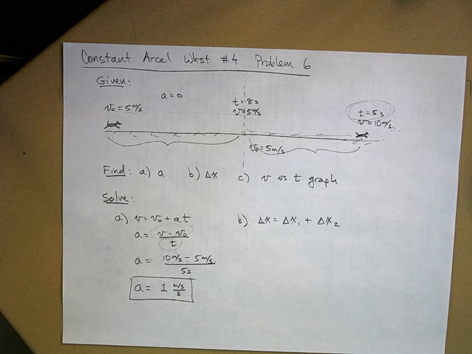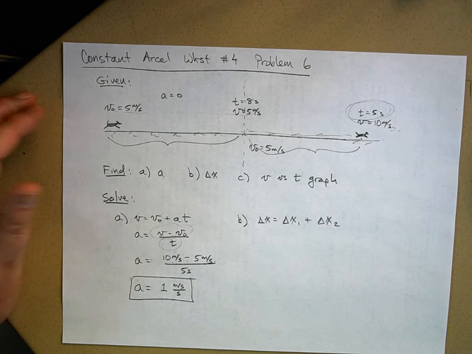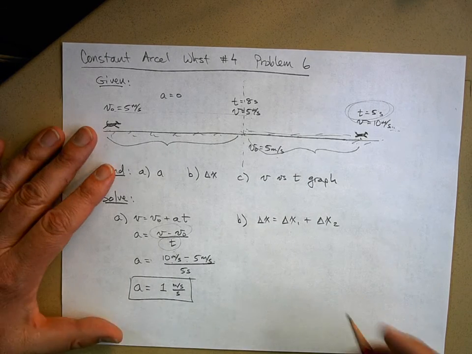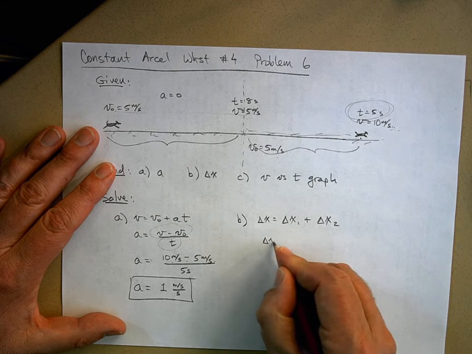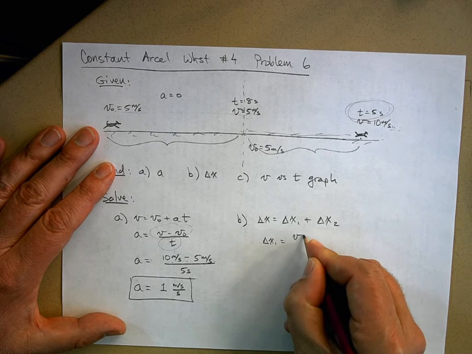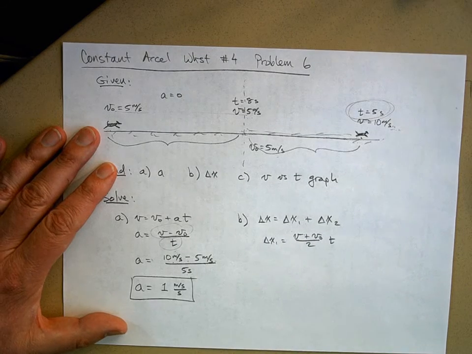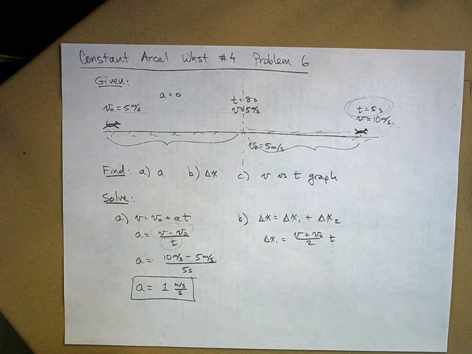It doesn't matter which one you use. I'll use one that's already solved for delta x. I'll use the second one. Right, that's the second kinematic equation on your list.